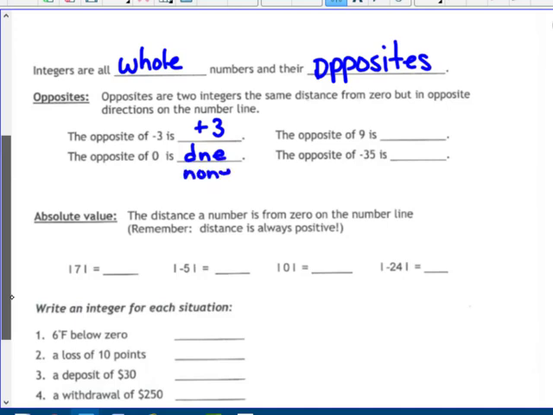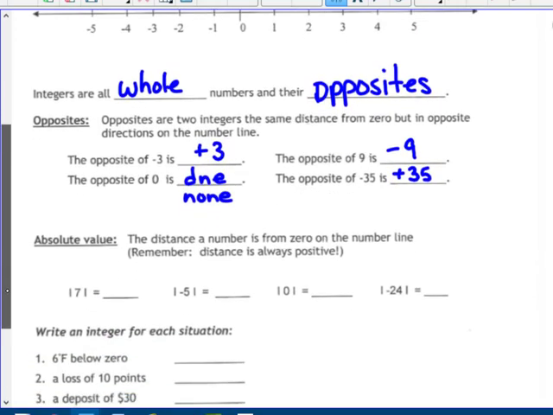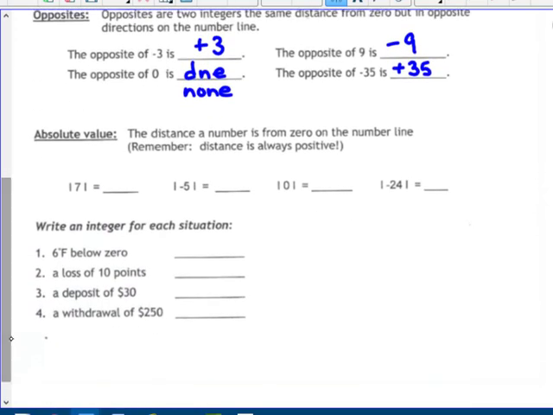There is no opposite of 0. The opposite of 9 is negative 9, and the opposite of negative 35 is positive 35. For positive 35 and positive 3, you don't have to put the positive signs. I'm going to. You don't have to, though. You could just say 3 and 35.